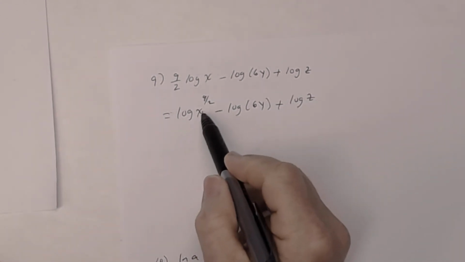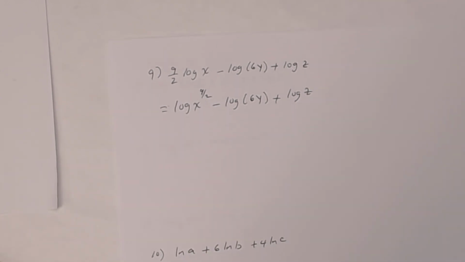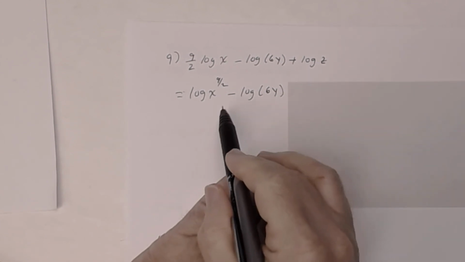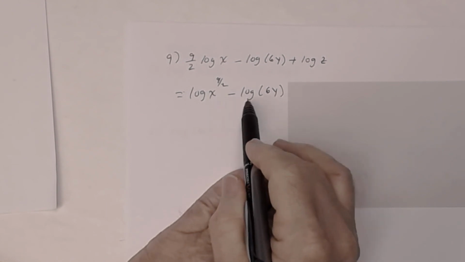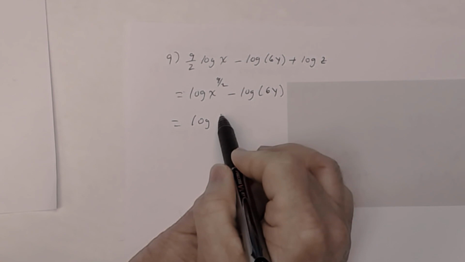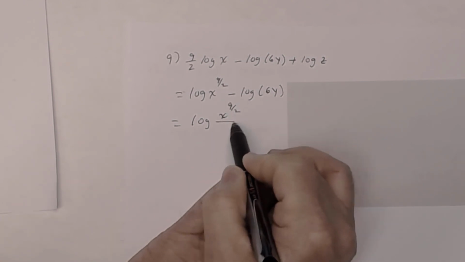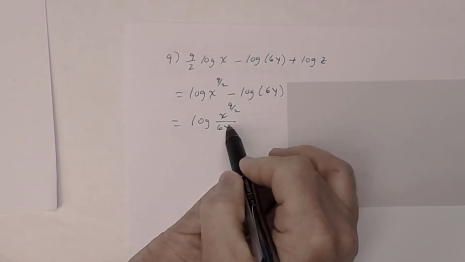Okay, now let's cover this one right here. So we're going to do this first. So that's the sum. I'm sorry, that's the difference. So we're going to use the quotient rule here. So that's going to be the log, or single logarithm, of x to the 9/2 divided by 6y. So that is this, okay?